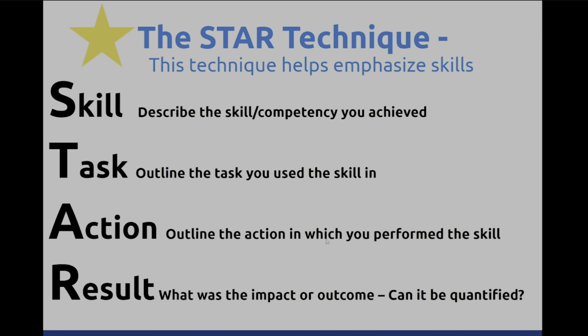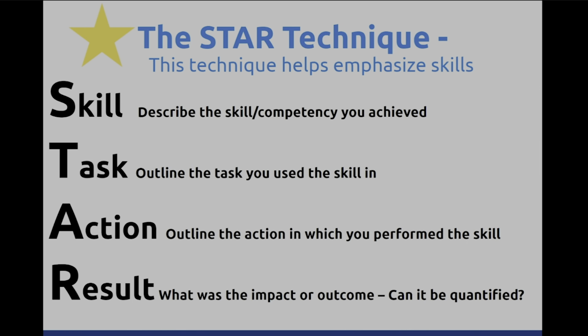So as I mentioned, and the last thing I'm going to highlight here for you before the end of this is the STAR technique. And this is just a review. So throughout this session, I spoke about not just listing the skill, but listing the skill, describing the skill and competency you achieved, then the task, outlining the task you used, where you used the skill, or the action in which you performed the skill, and then the result.